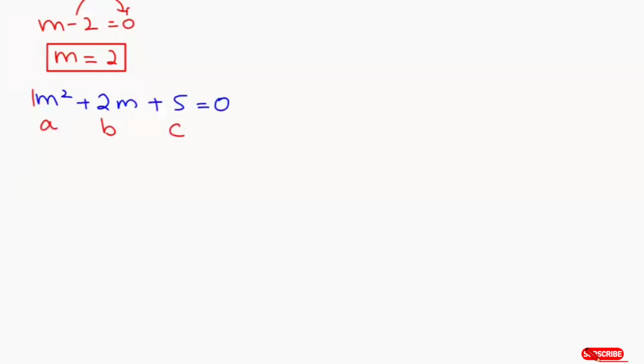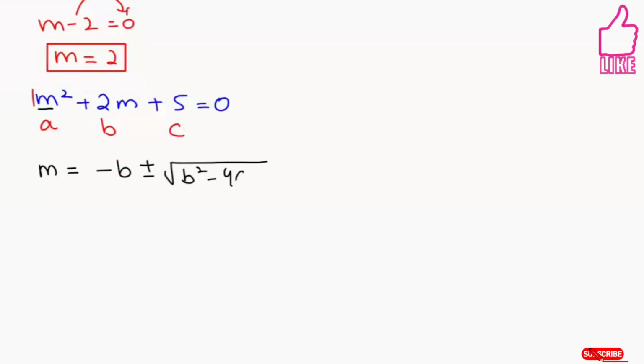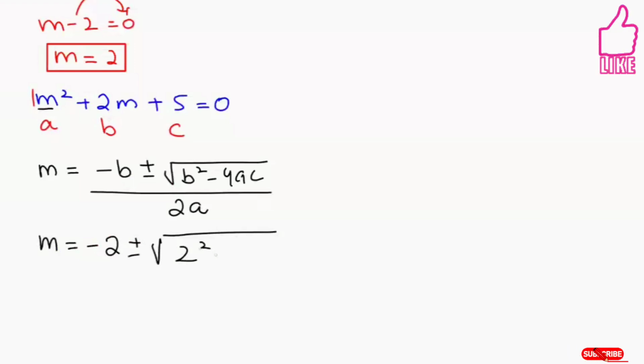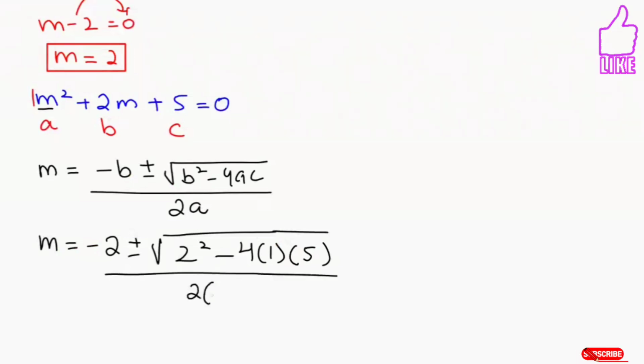Now we're going to plug in the a, b, c values in our quadratic formula to find out the value of m. m is equal to minus b plus minus root of b square minus 4ac over 2a. m is equal to minus b, we have positive 2, plus minus root 2 to the power of 2 minus 4, a we have 1 and c we have 5, over 2, and a we have 1.